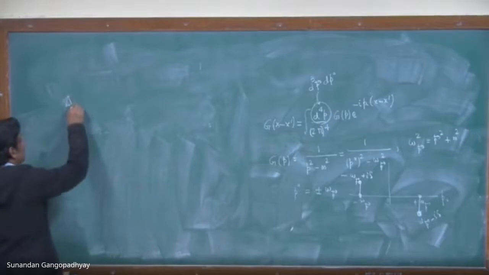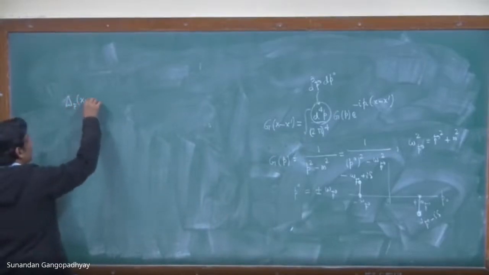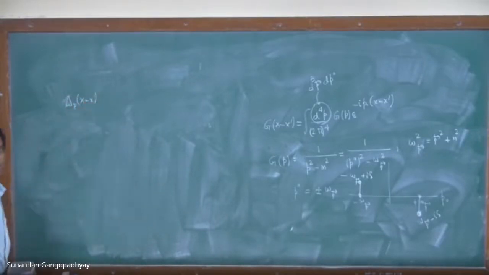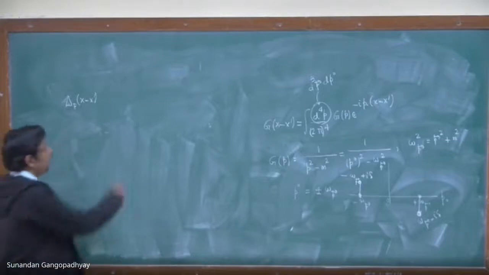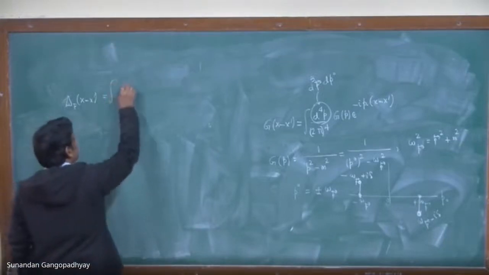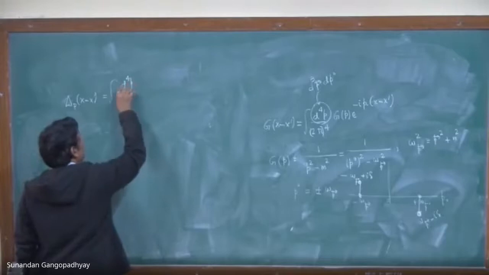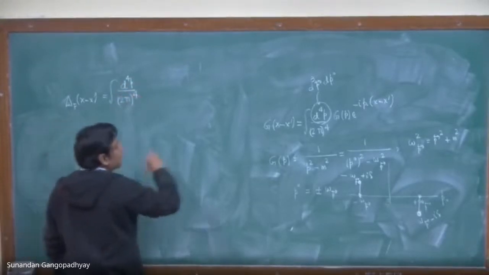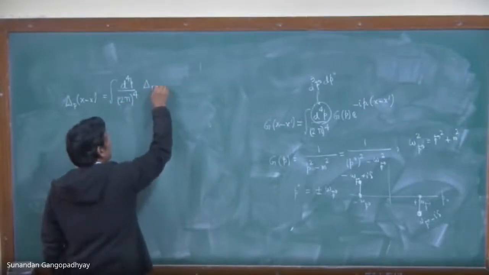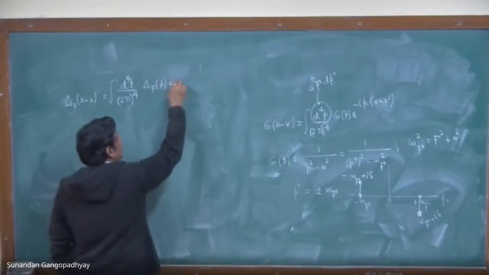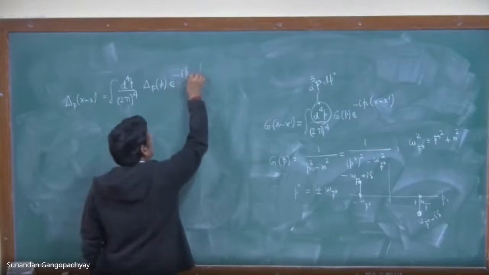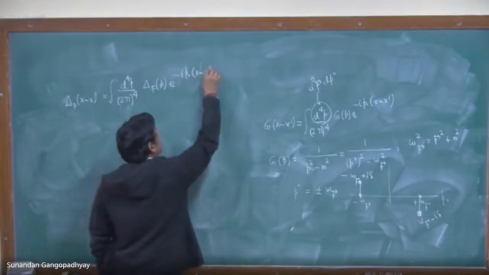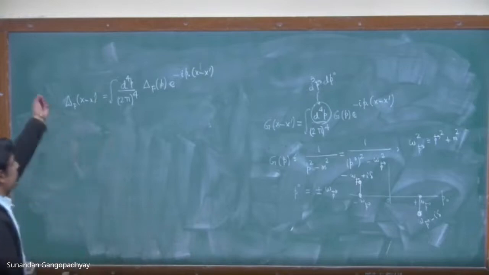So this is now the Feynman Green's function in the position space, in the configuration space, in terms of the space-time coordinates, and that is basically given by the integral d4p by 2 pi whole 4, then we have delta F of p, e to the power of minus i p dot x minus x prime. Okay?